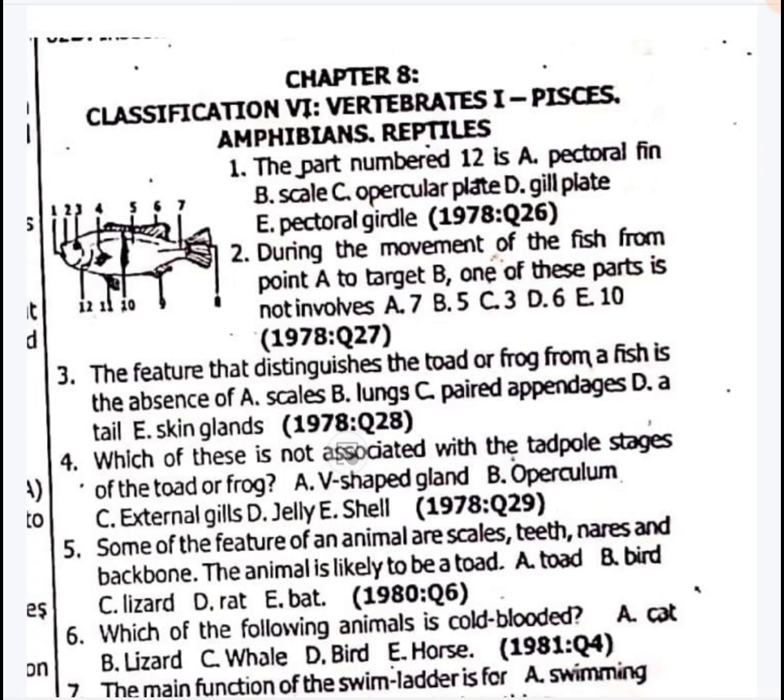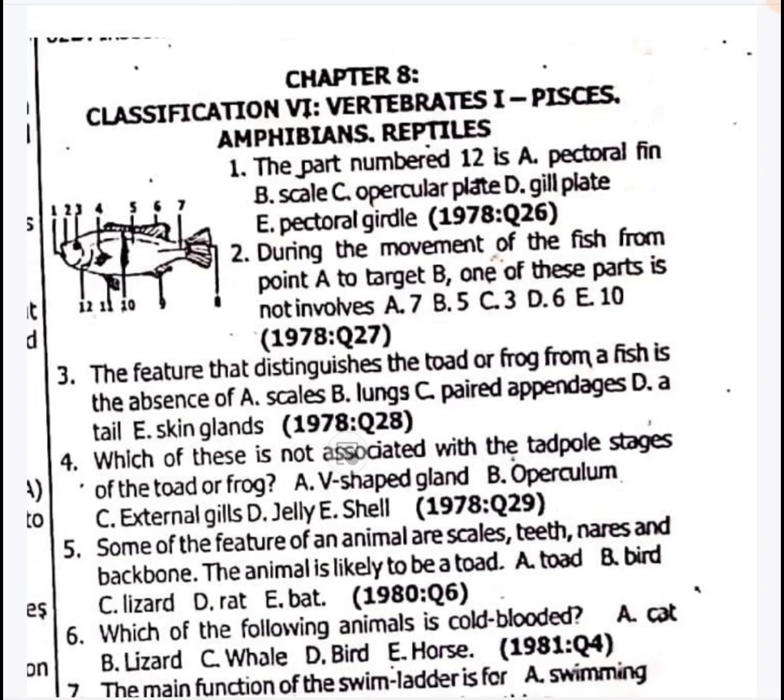The first stage is that the female lays unfertilized eggs in a string of jelly, while the male fertilizes these eggs externally. Number 2, the eggs hatch into curved tadpoles.